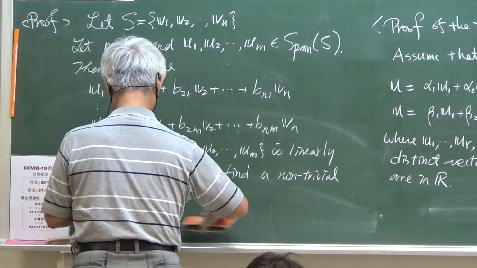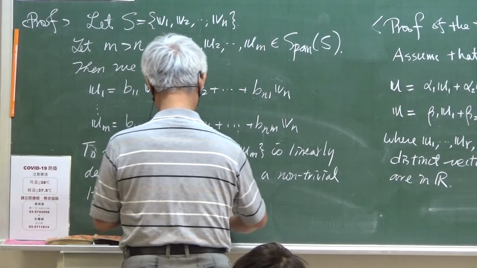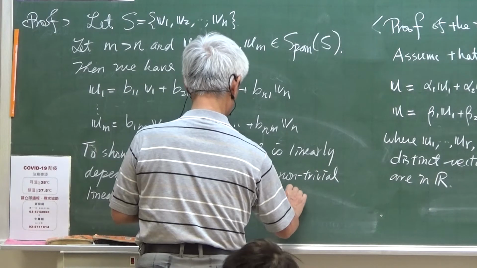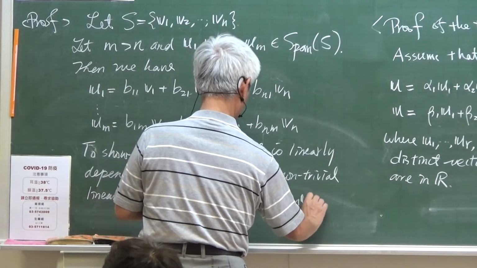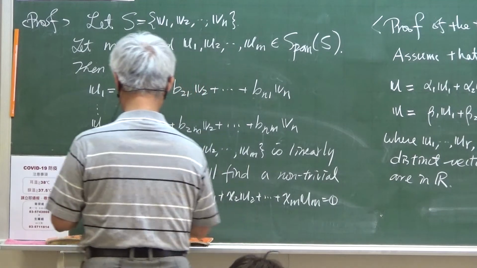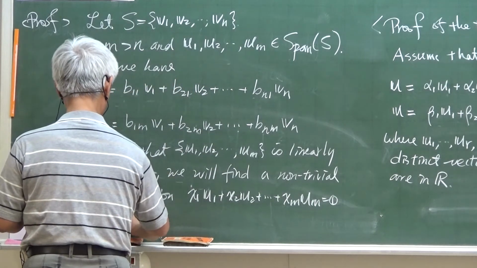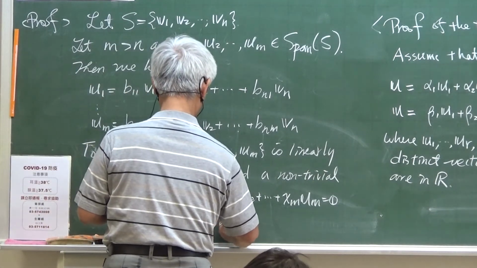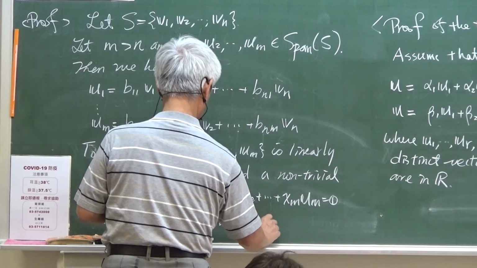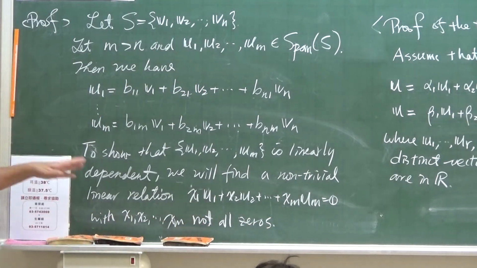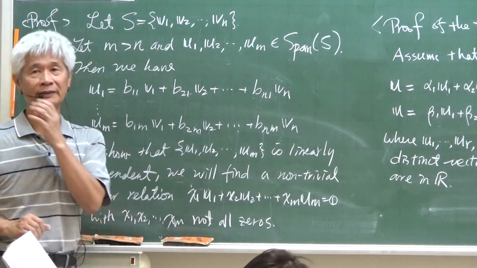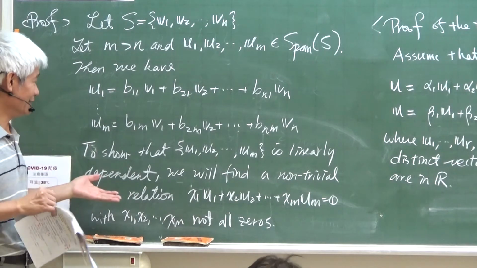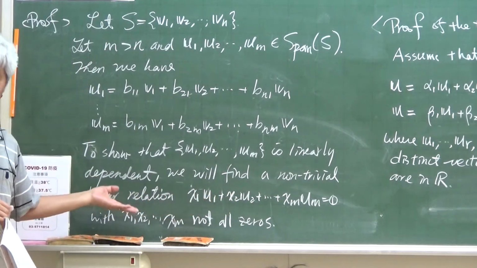x1 u1 plus x2 u2 plus up to xm um equal to 0, with x1, x2, up to xm not all zeros. Well, I put x to mean unknown, right? I haven't found them yet, but I try to find a non-trivial linear relation.